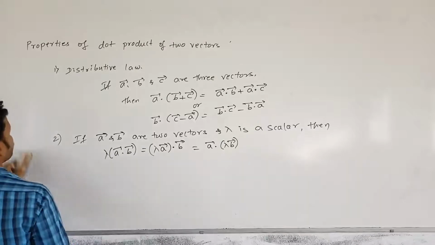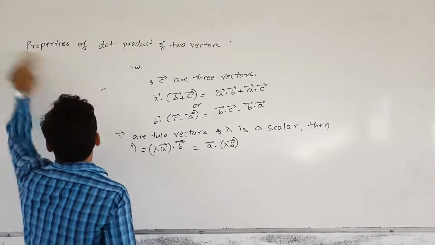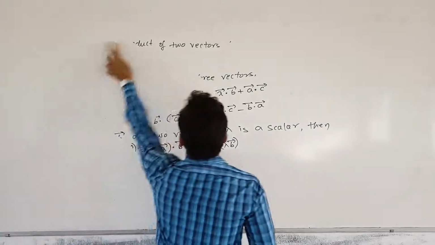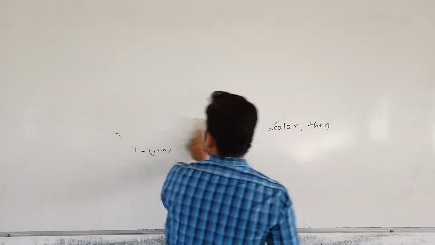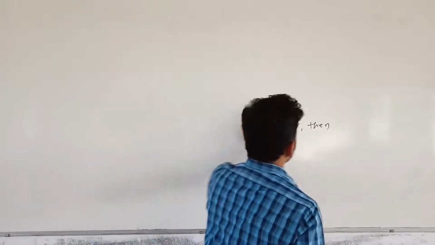Next, one more important concept I want to say here. See the definition: A dot B is equal to magnitude of vector A into magnitude of vector B into cos theta.